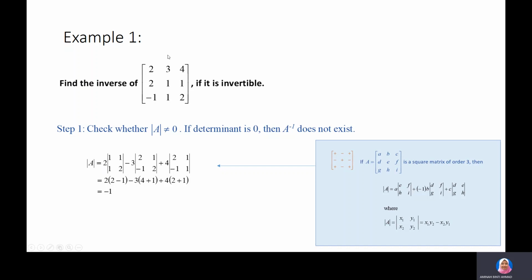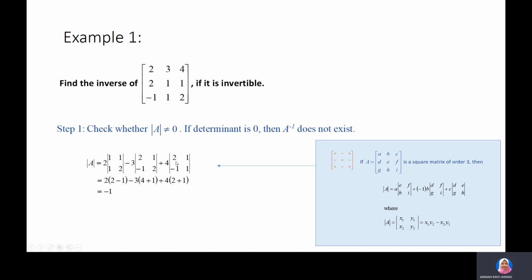So here we take the leading row of 2, 3, and 4. We get 2 times this minor, minus 3 times this minor, plus 4 times this minor. So we calculate 1 times 2 minus 1 times 1, and then 2 times 2, 4, minus 1 times 1.